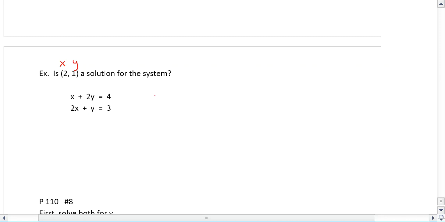Putting in the 2 where I see the x, and putting in the 1 where I see the y, for that first equation, 2 plus 2 is indeed 4, so this works. Let's check the second equation, because it would have to be true for both of them in order for us to say yes.